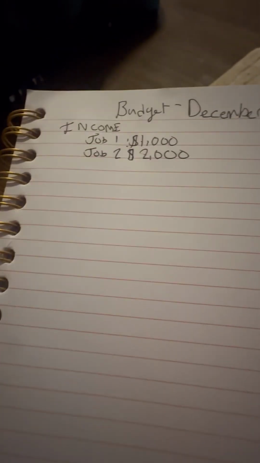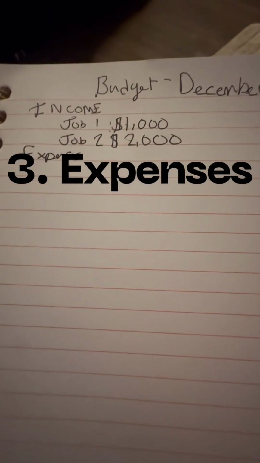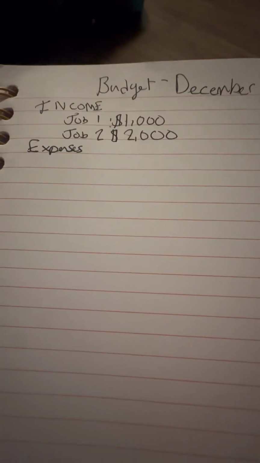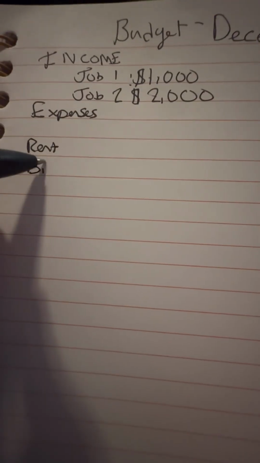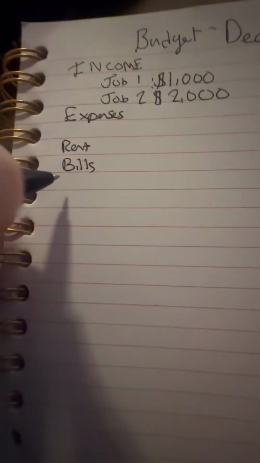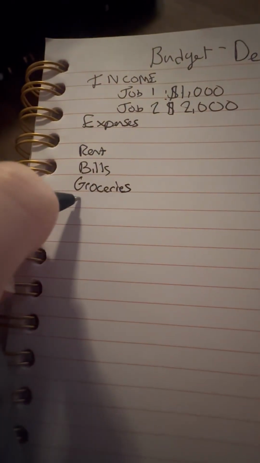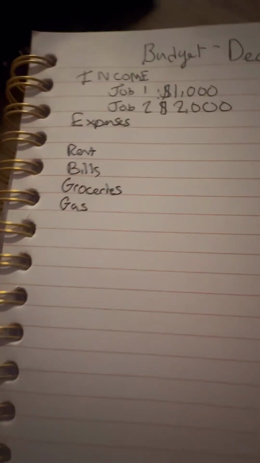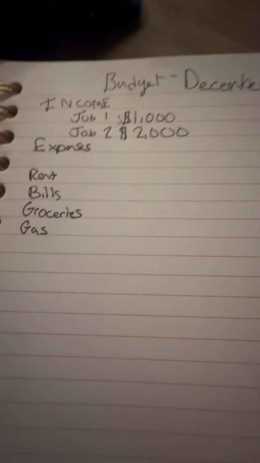Alrighty, so after the incomes, we are then going to find our expenses. So expenses can be anywhere from rent, bills. I'll just start creating a list. So rent, bills, and then along with that, groceries, gas, gifts for the month of November or December.